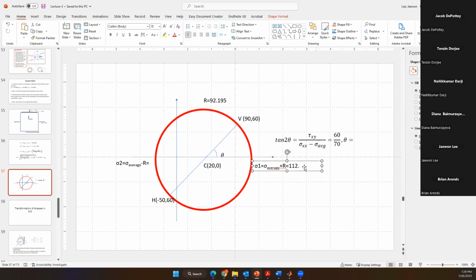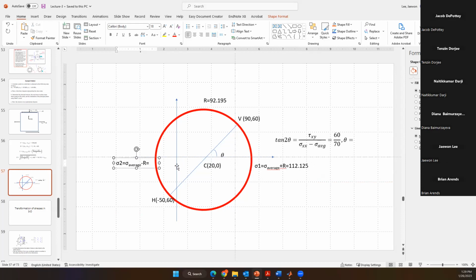And what's the value of sigma 2? Negative 71.125.